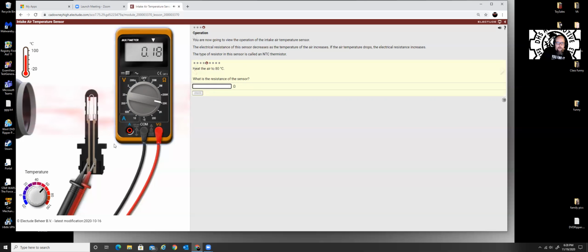Heat the air to 80 degrees. Wow, we're really losing ground here, okay? We're looking at kilo ohms, 0.02.